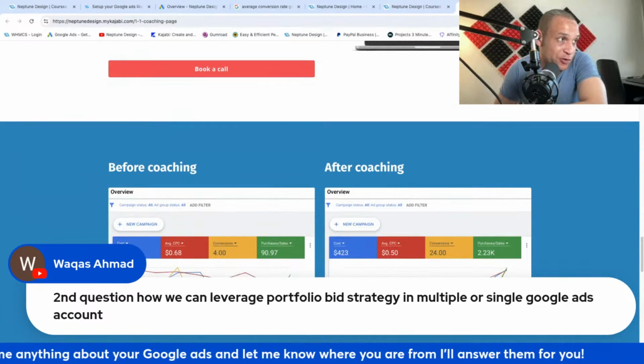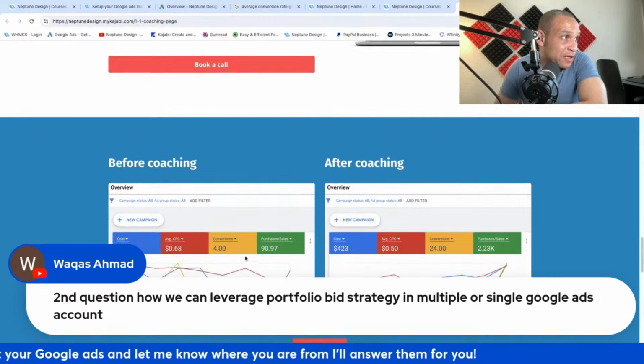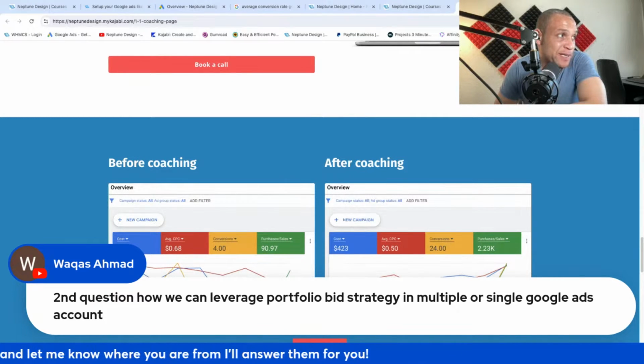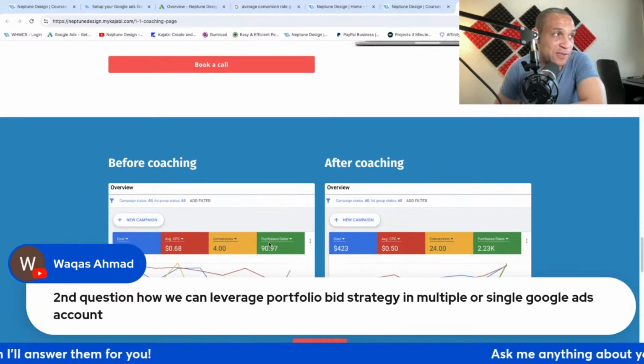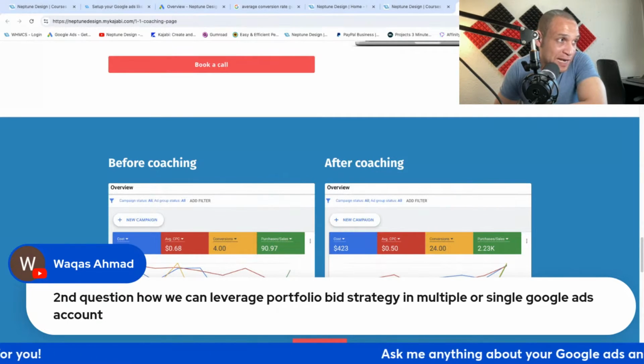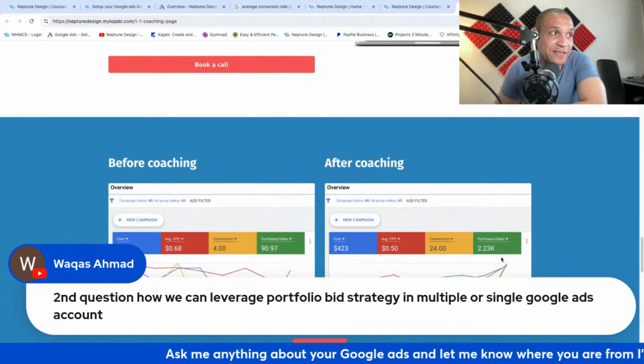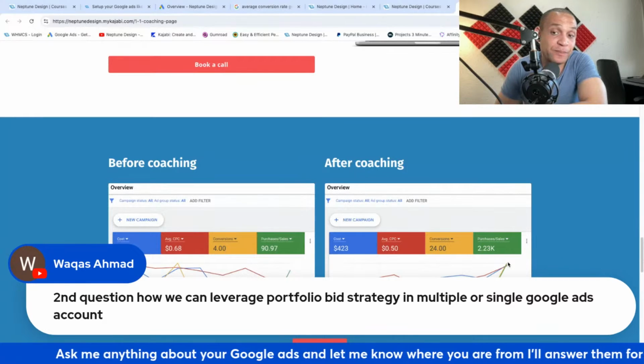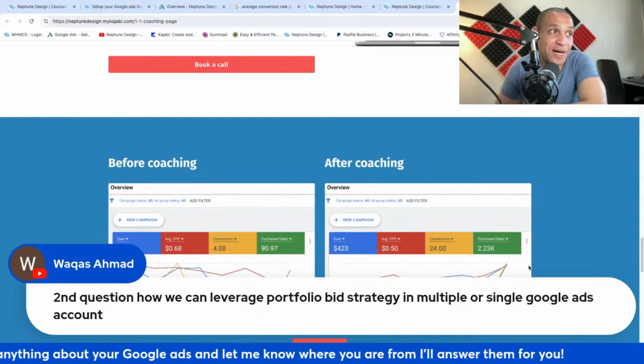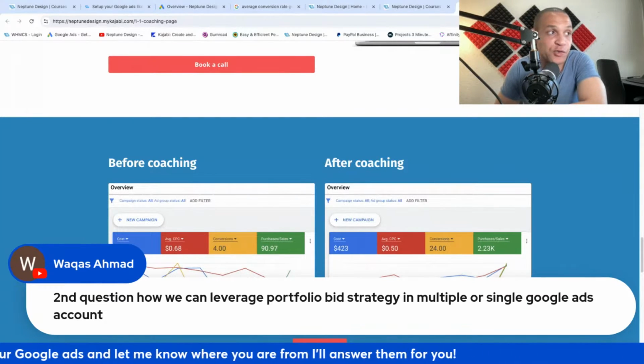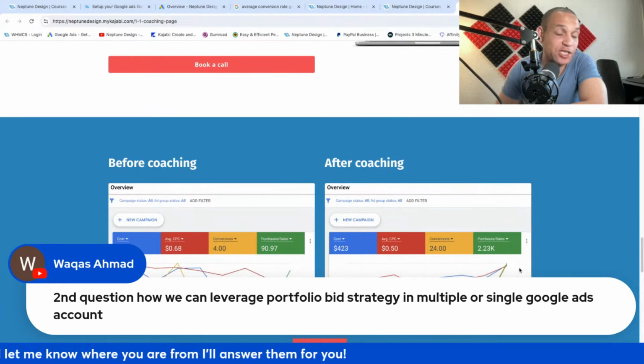And if you look at this green line over here, you can see that he was losing money. He was spending about $248 a week, and he was basically only making $90 back in sales. This green line over here, notice this part where it shot up? That's when we activated portfolio bidding strategy. It lasted for about 3 months, and then his account started to die again, and then we had to jump in and manually do the bids again.